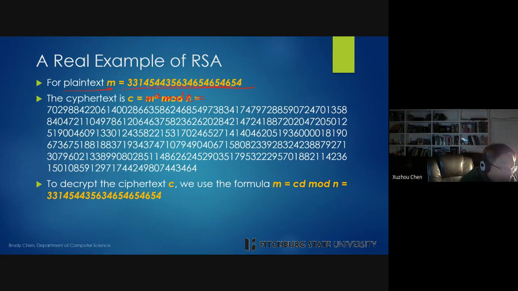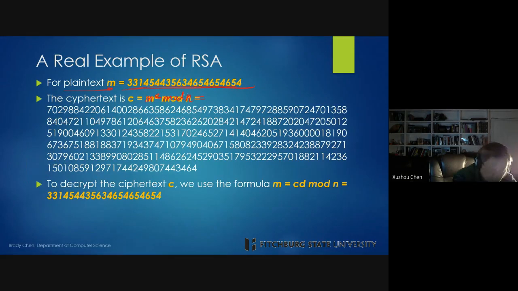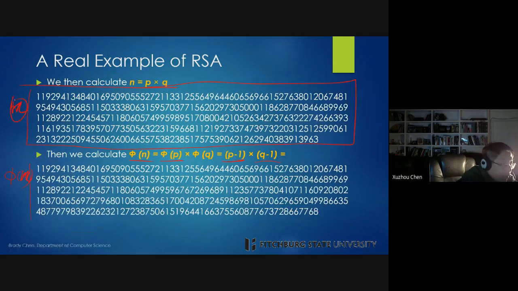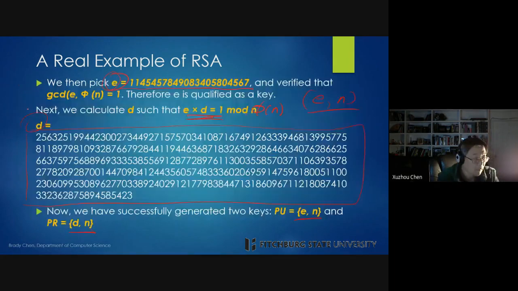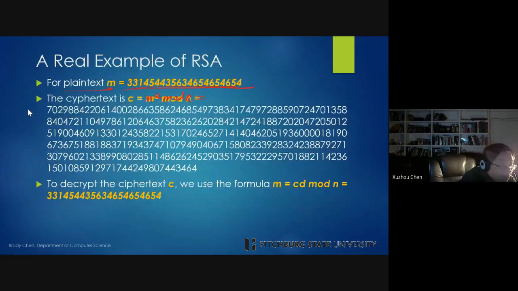M is this number, e is this number, and modulo n is this number. So I get the ciphertext. See, this is the ciphertext.